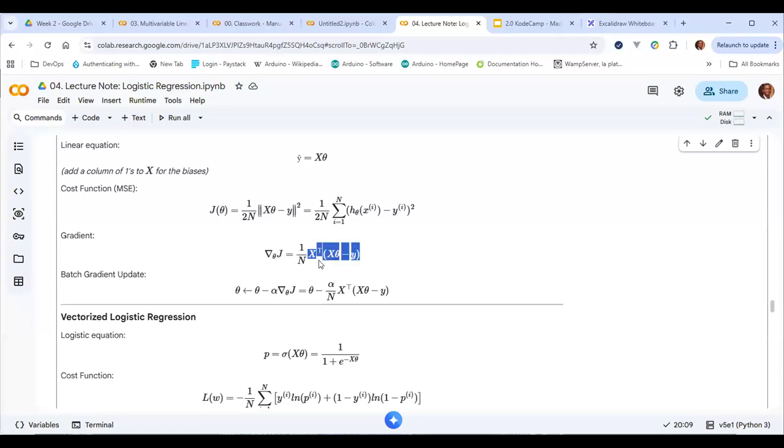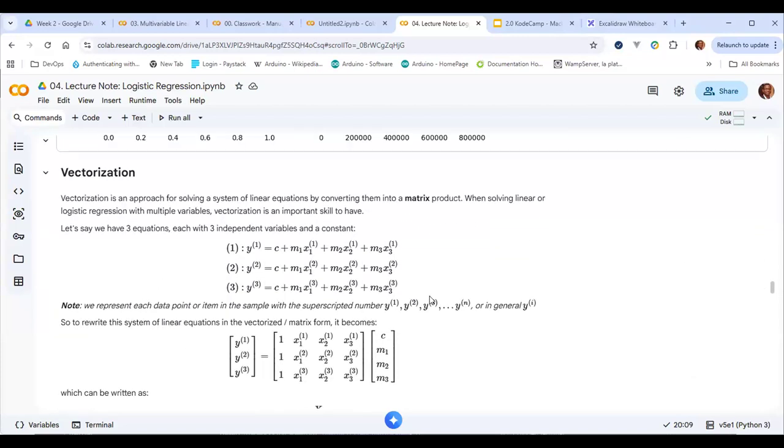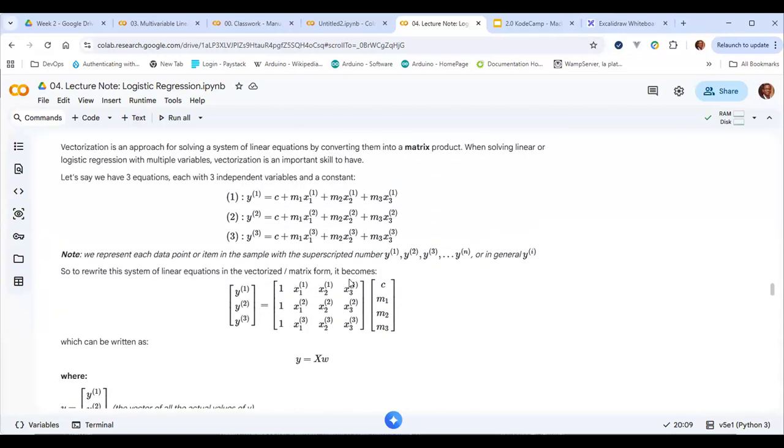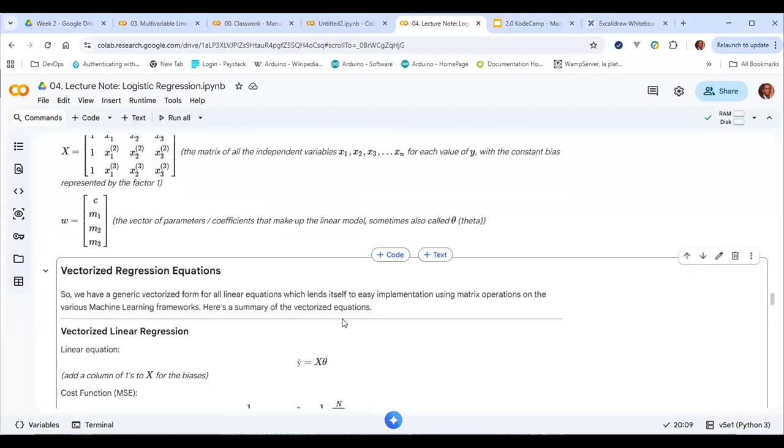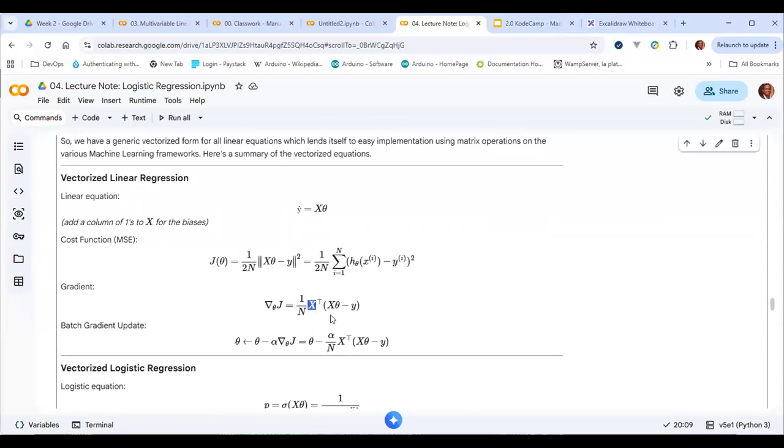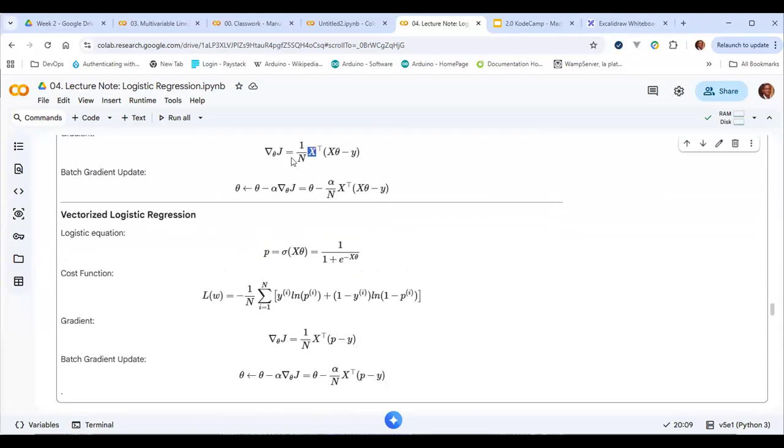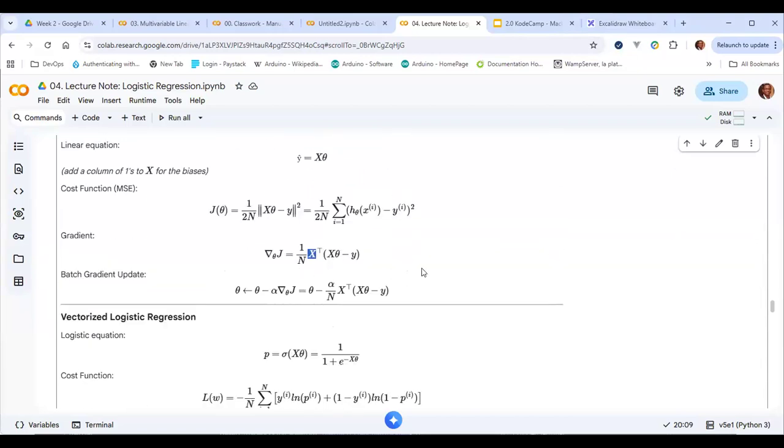Now we have to do X transpose. So this is where the X transpose makes sense because X, remember, X is this, right? X is this. You have to transpose it. Otherwise, you will not be able to do this matrix multiplication. Unfortunately, I don't have time to explain that, but that's what that does.